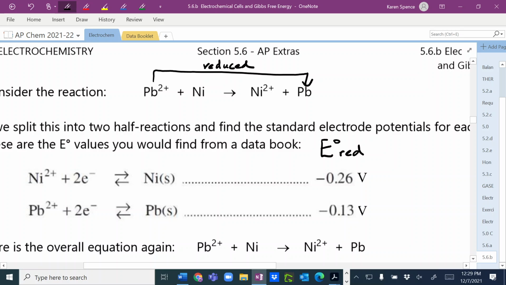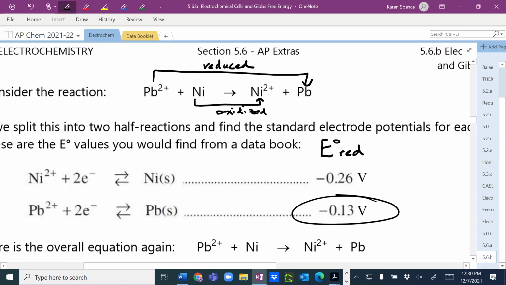We can't guarantee that we're going to have a spontaneous process because maybe they're having us look at a non-spontaneous process. You just have to look at what's actually happening here. Nickel is being oxidized. Okay, and so lead is being reduced, so we're going to just use that value right there.